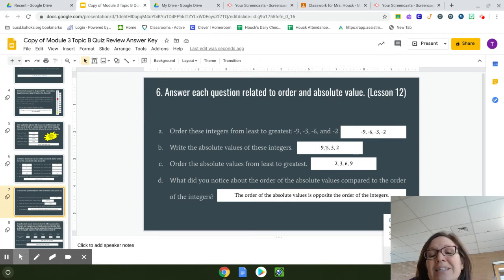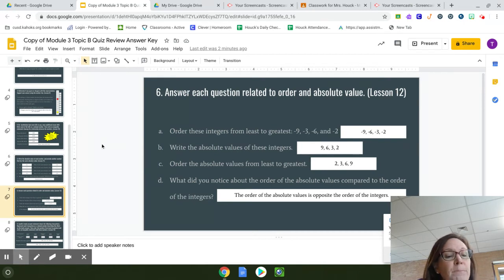So I looked at 9, 6, 3, and 2. Those are not in order from least to greatest, so I had to change the order to 2, 3, 6, and 9. What did you notice about the order of the absolute values compared to the order of the integers? You should notice that they're not in the same order. The order of the absolute values is opposite the order of the integers.